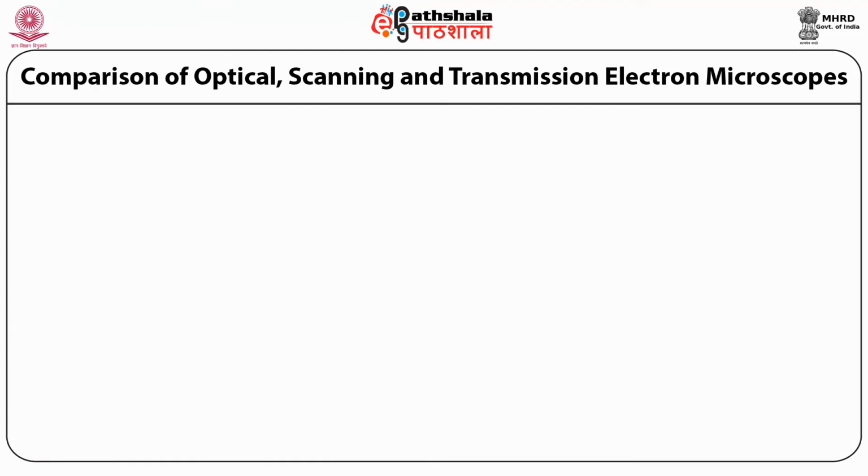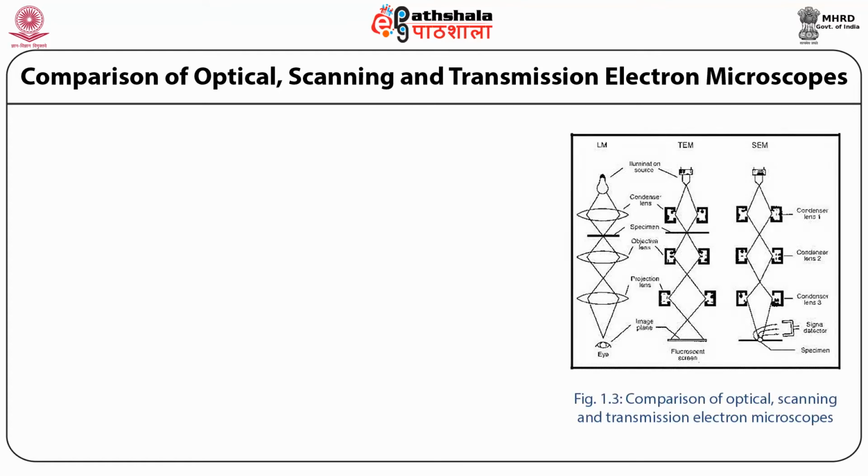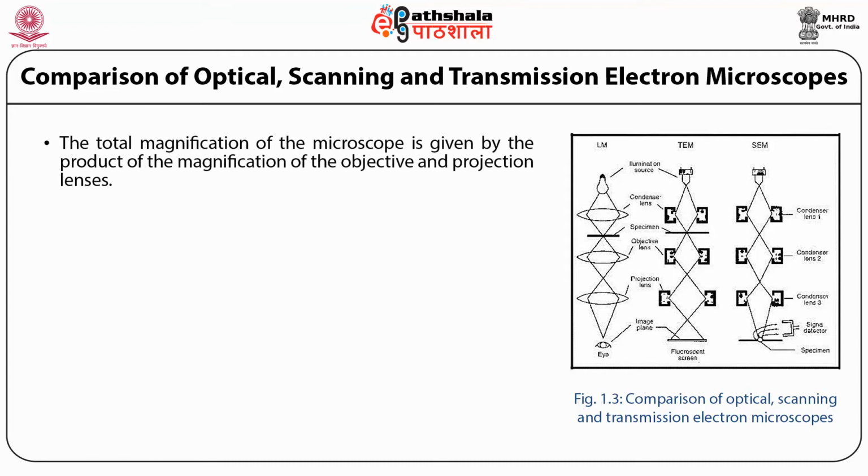Students, now let us see the comparison of optical, scanning and transmission electron microscopes, as can be seen in the figure. The total magnification of the microscope is given by the product of the magnification of the objective and projection lenses.